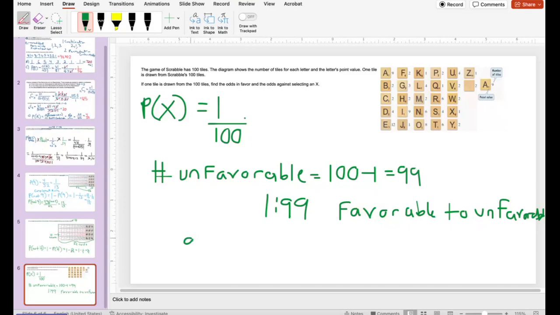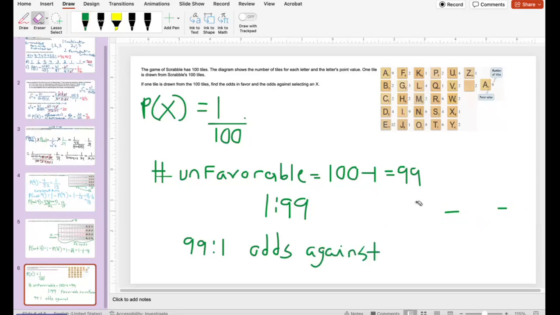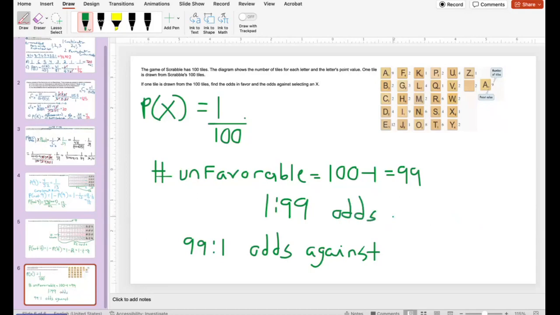And let me just write this. So this is odds against. We'll write it that way. And the way they're wording it is a little different than what I have worded. But odds against, and then this is odds in favor. So you start out with the favorable ones.